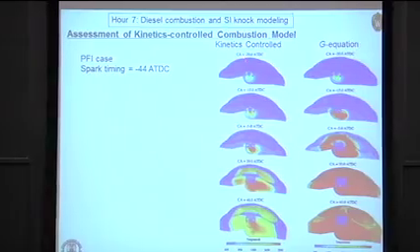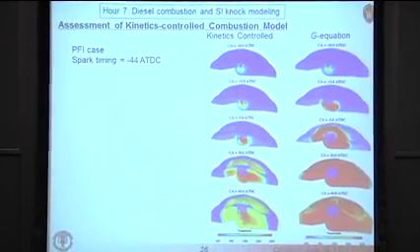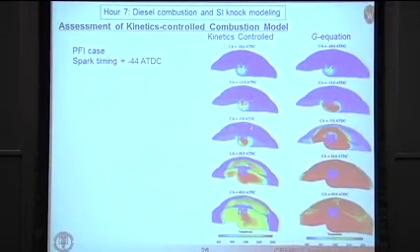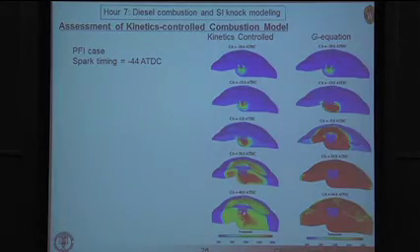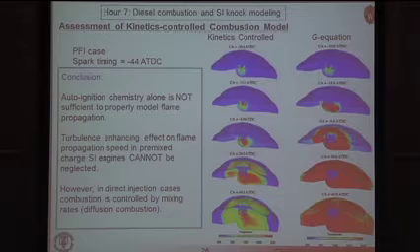And that's shown also in these pictures here. Here we see the flame growth. If we just have the kinetics controlled model and compare that with the G model, here you saw significantly faster combustion. This was for the premixed case, the PFI case. So we can conclude then that auto ignition chemistry by itself is not sufficient to properly model flame propagation.